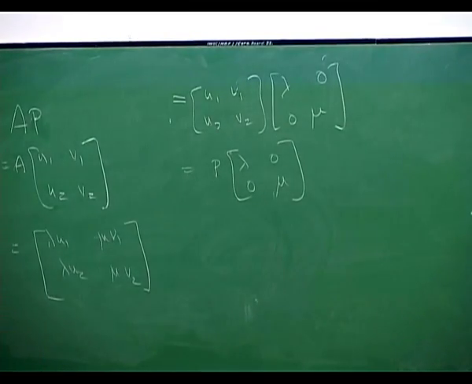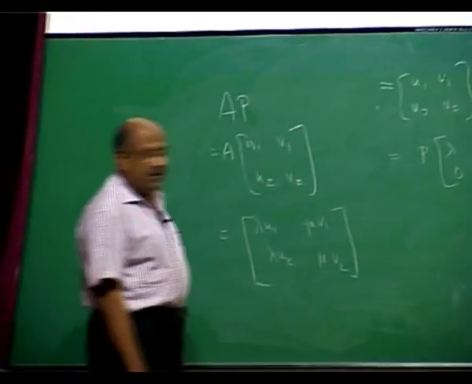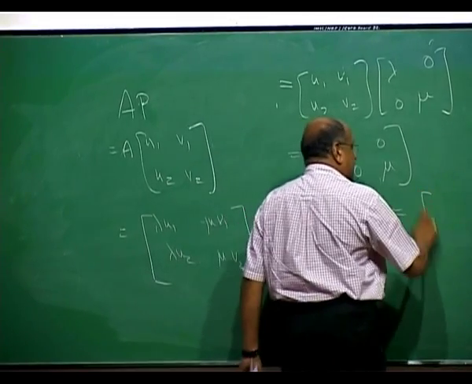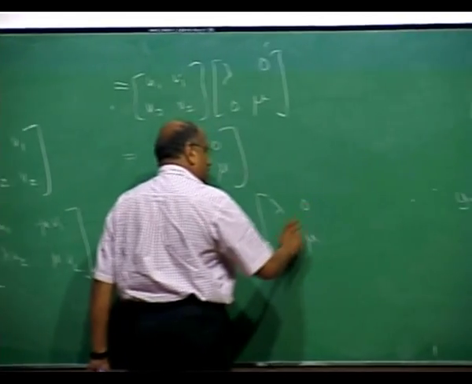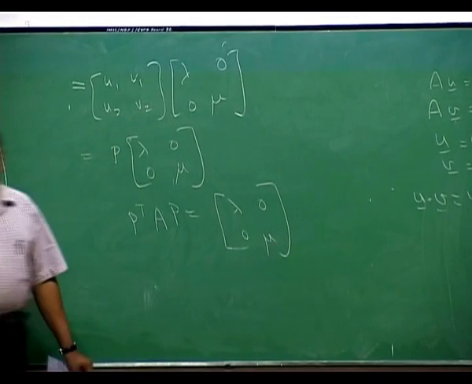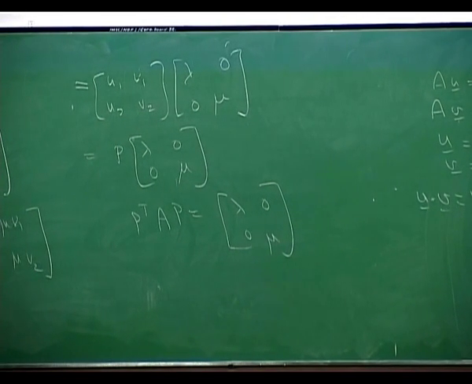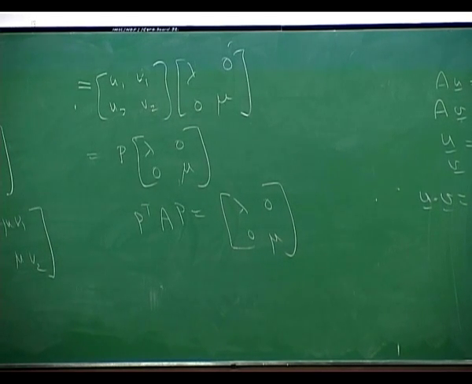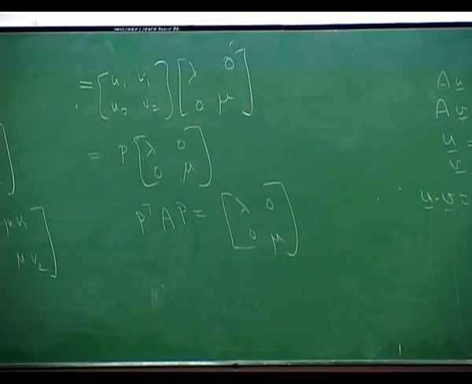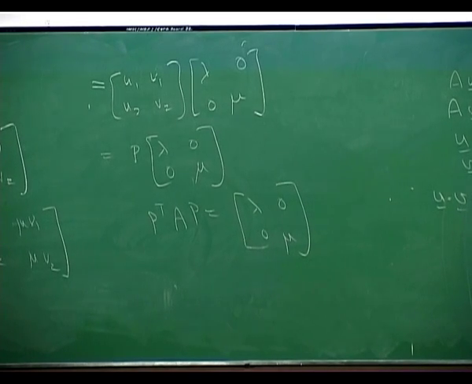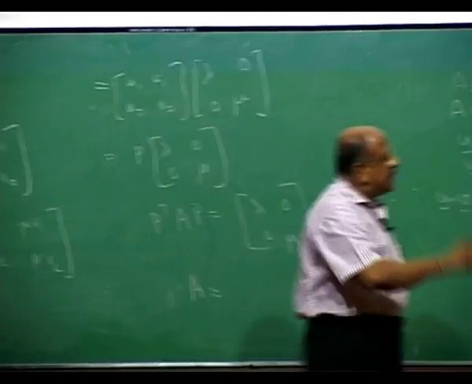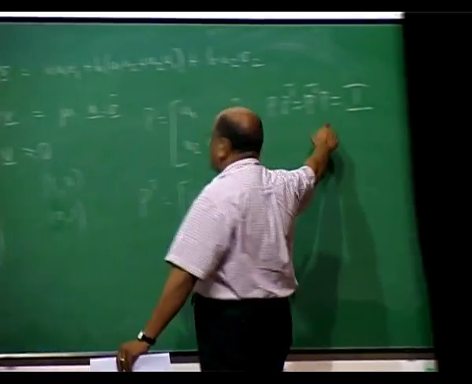So if I now multiply both sides by P transpose, I get P transpose AP is the diagonal matrix lambda, mu, where the diagonal elements are just the eigenvalues of A, and the columns of P are nothing but the eigenvectors. This can also be written in an equivalent form because P transpose P equals PP transpose is identity.